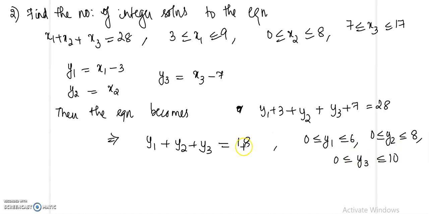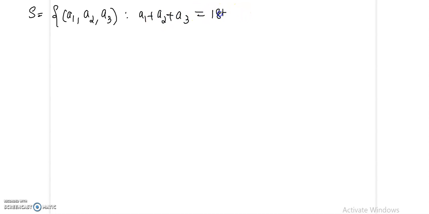The inequalities all start from 0, so we will get this new equation. Now this is similar to what we have done yesterday. Let S equal the set of all a1, a2, a3 such that a1 plus a2 plus a3 is equal to 18, and ai belongs to the non-negative integers.